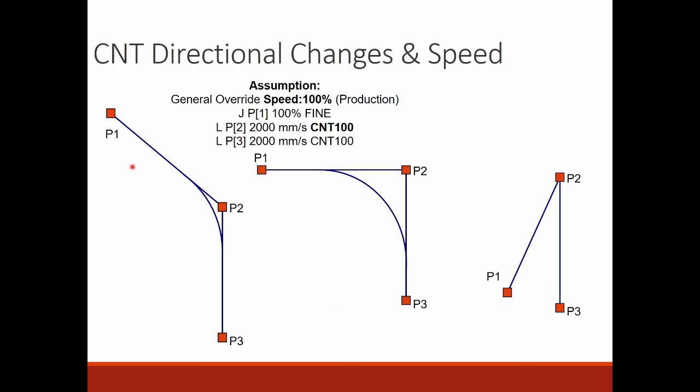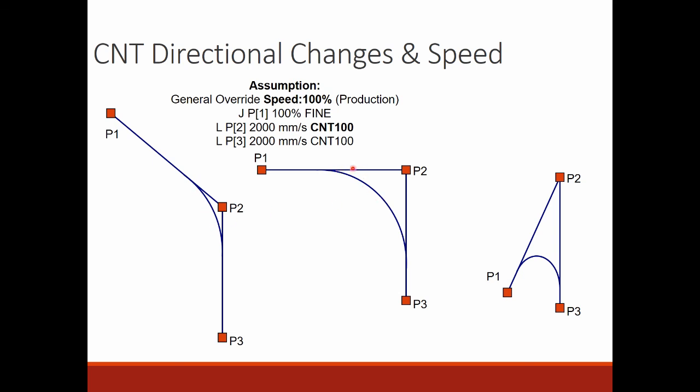That path can depend on the orientation of those points in the robot path. You can see here in this example, it's able to get pretty close to P2 because the angle in transitioning from P1 onto P3 is pretty large.